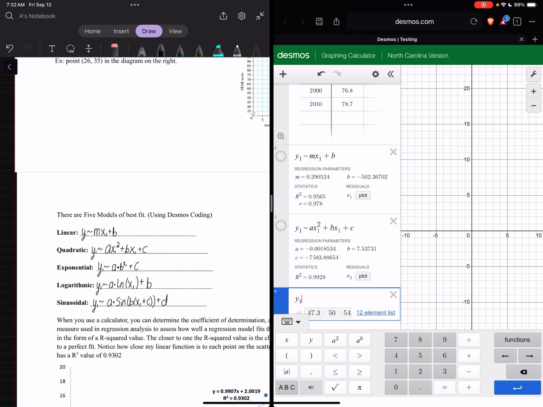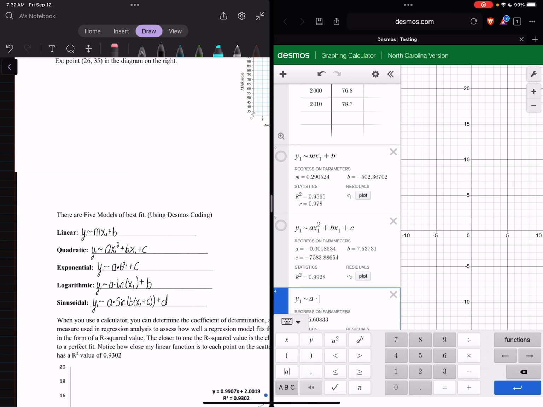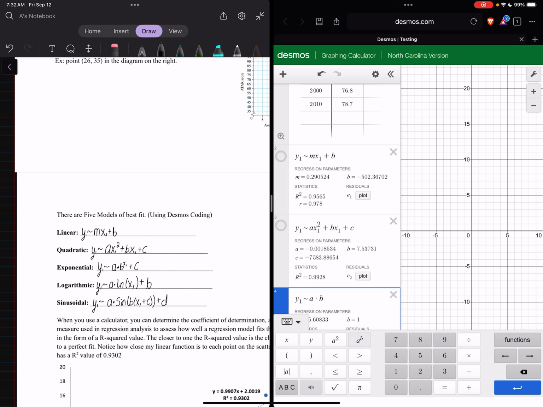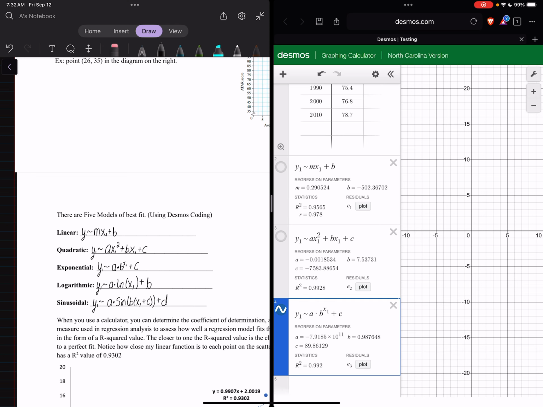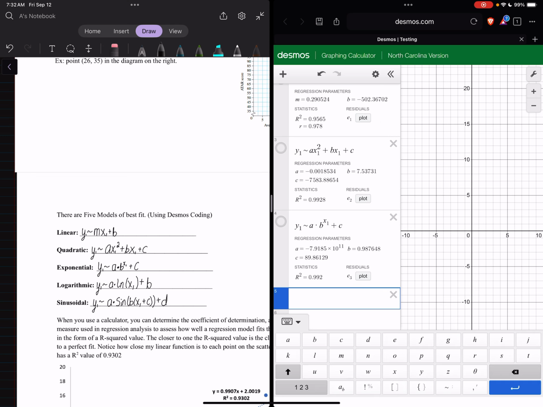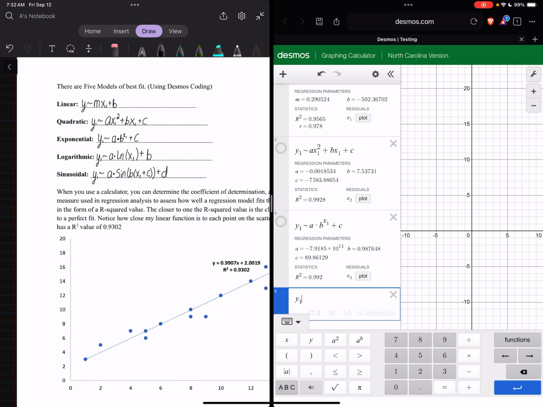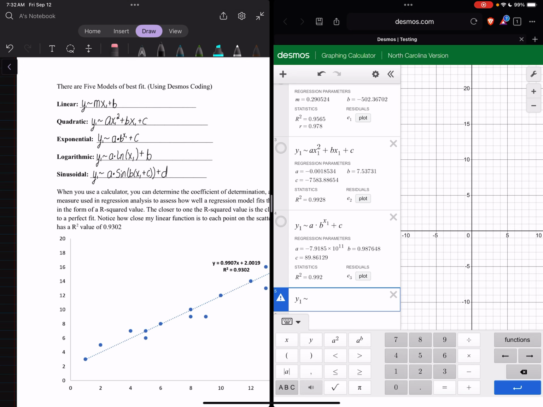Y1 tilde A times B of X1, click the right arrow, plus C. That was my exponential, now I do logarithmic.